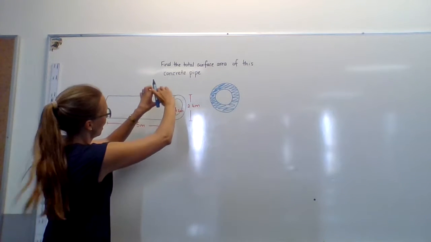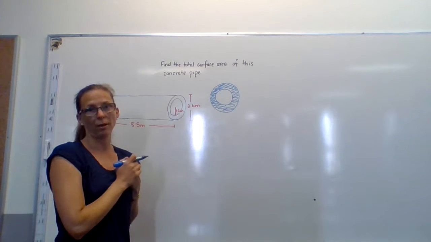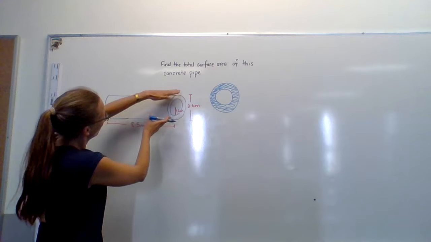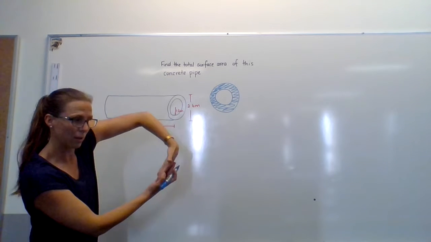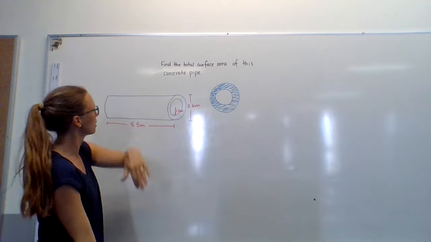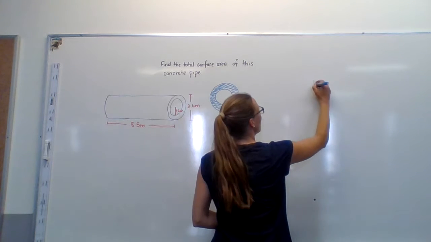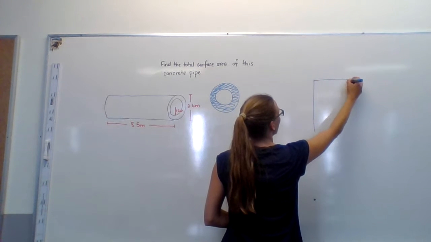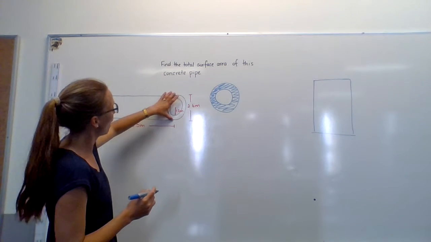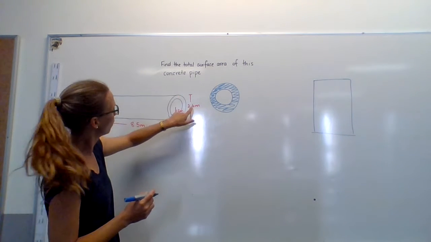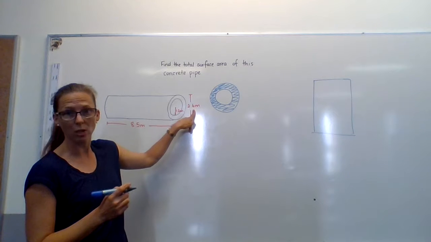So we're just calculating the ring, if you like. Then if we look at the outside, we've got a whole curved surface that goes around the cylinder, so that opens out. So we've got a big curved surface, and the radius of that big curved surface is half of this diameter.